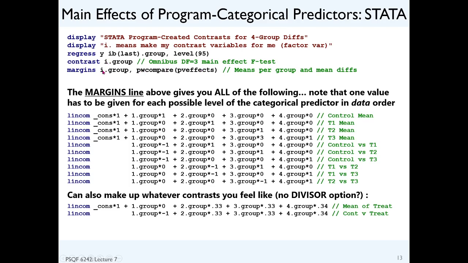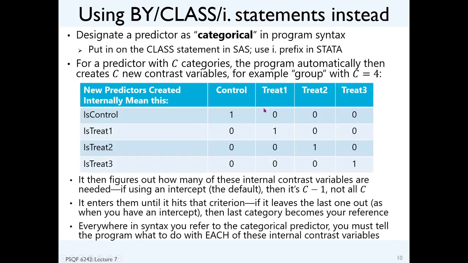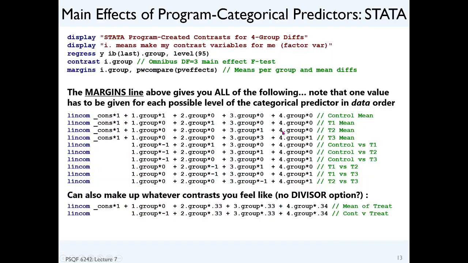The margins line above gives you all 10 of these lincoms, but in case you needed to ask for something more specifically, I wanted to show you how you would use the syntax in this i.group fashion. So the group means are all functions of the intercept, plus you would have to turn on each of the group contrasts. So in the same way that you have variable 1, 2, 3, 4 in SAS, which goes back to this table right here conceptually, this would be variable 1, 2, 3, 4 in Stata made explicit. 1.group means that first column.